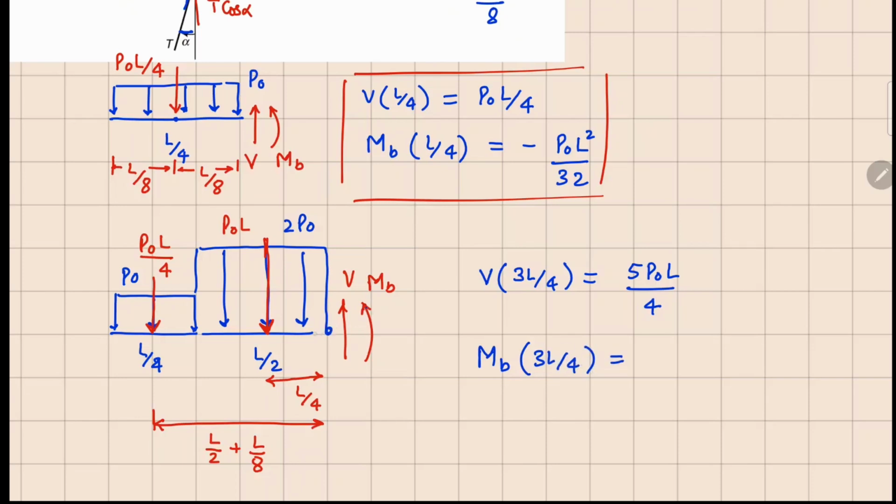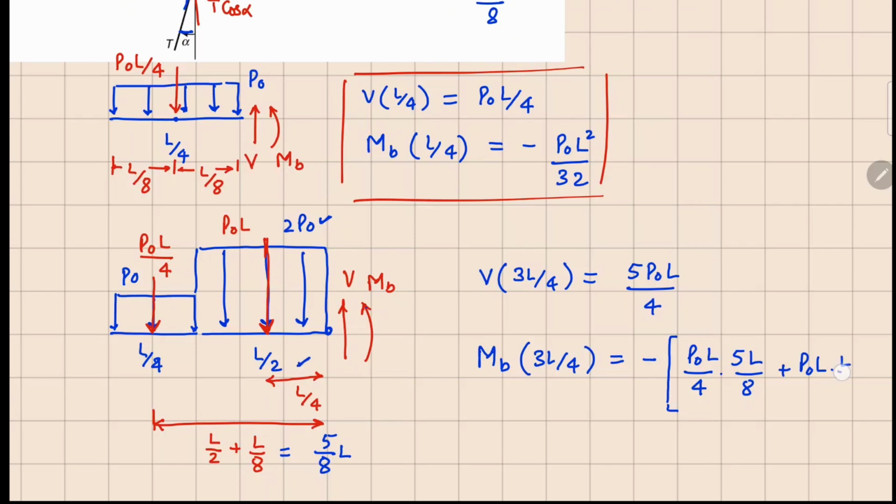And your MB value at 3L by 4 is, if I take moment about this point, I'll have a minus sign because both of them are in the same direction as MB. So your P naught L by 4 is sitting at this distance, which is going to be 5 by 8 L. So we have 5L by 8 here, and this force right here, which is equivalent to P naught L, and the distance for this is L by 4.